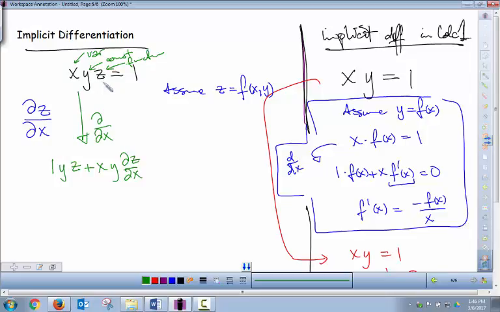I took the derivative of z with respect to x. Equals 0. So dz dx is equal to negative yz divided by xy. I guess that can cancel: negative z over x.